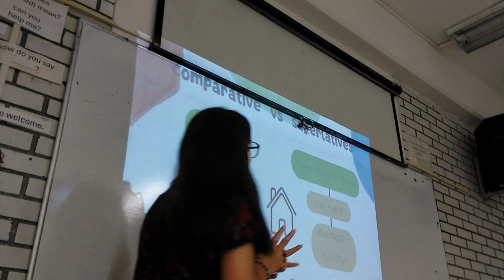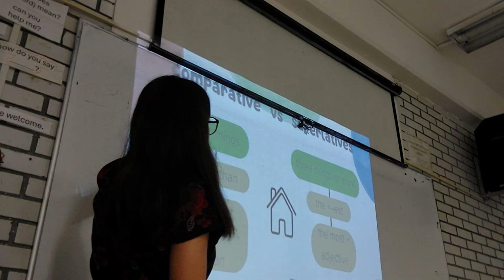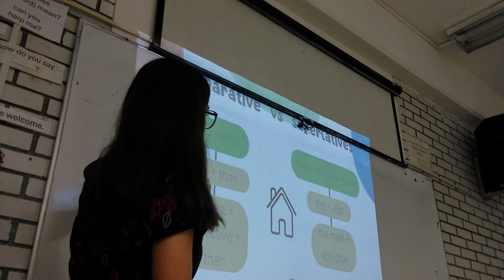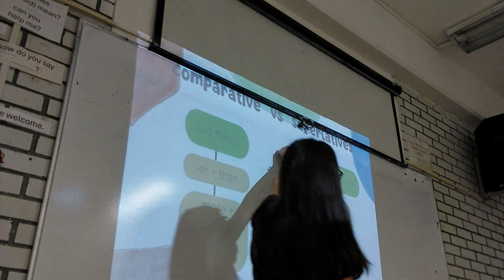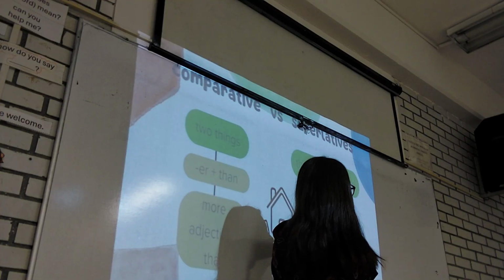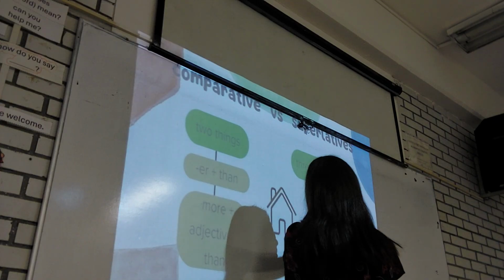I think that a way that you can remember this is that comparative is 2 things and you put 2 letters, okay? And superlatives, there are 3 things or more, and you put 3 more letters. There's 3 more letters.